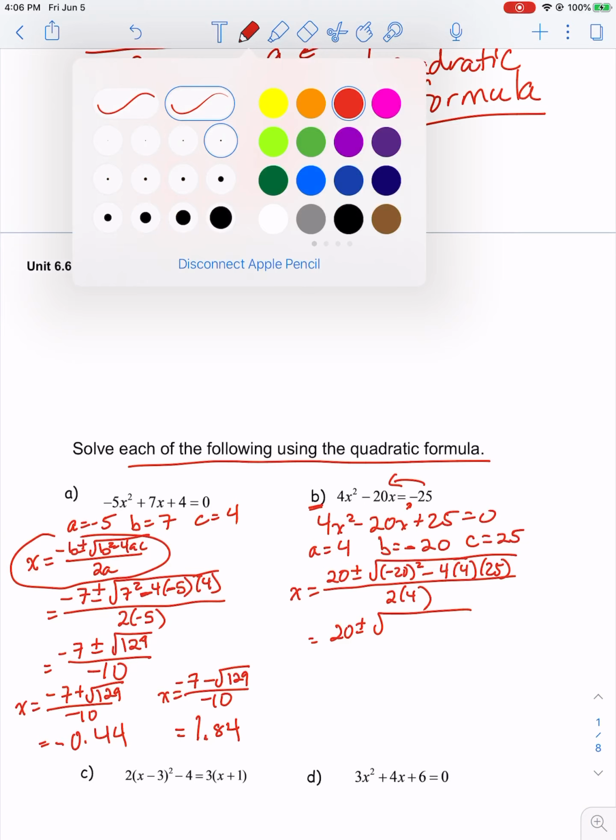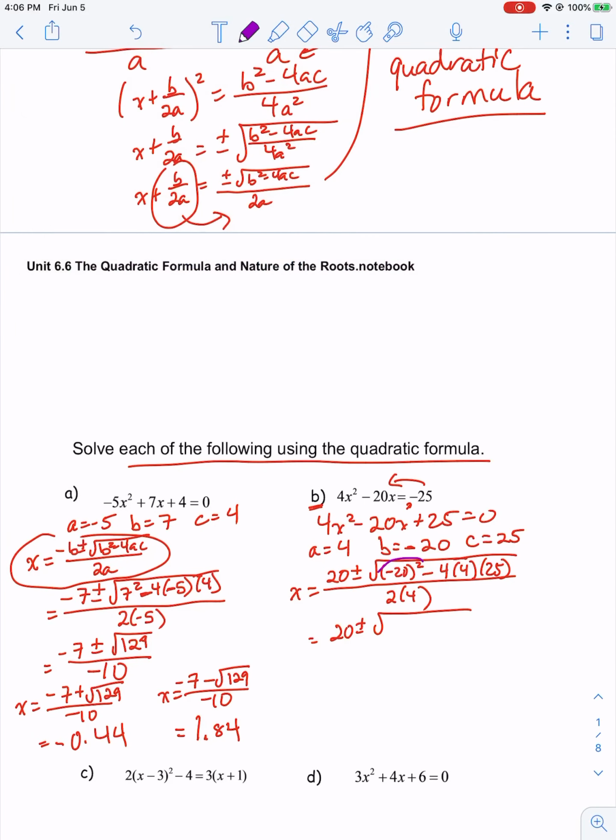The answer that you get from this beginning part, this b squared part, is always positive, because you square a negative, you get a positive, you square a positive, you get a positive. So that's technically 400, because 20 squared is 400, minus 4 times 4 times 25.